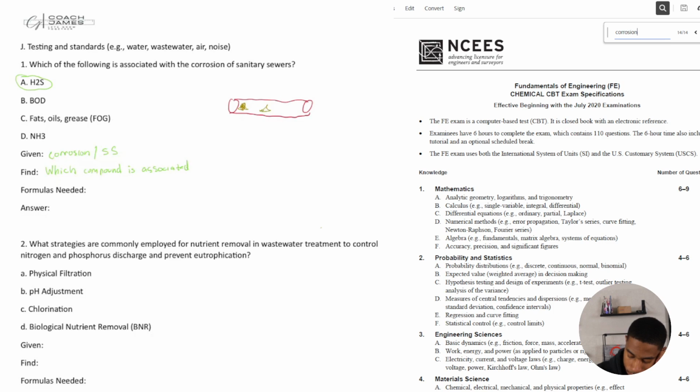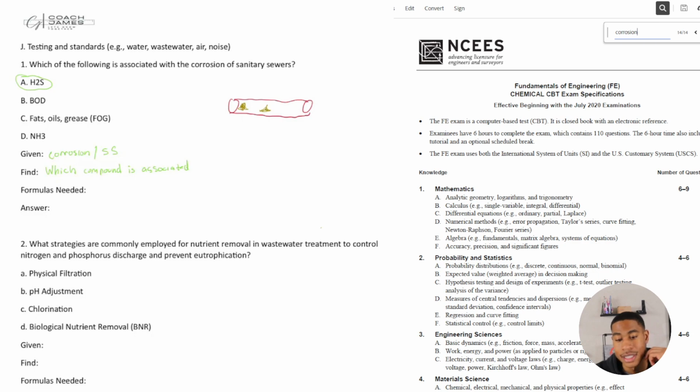I would call it something else, but I'm gonna keep it professional. And that's what's going through your sanitary sewer. And so H2S is a gas that is pretty much produced by the decomposition of organic matter that is in sewage and wastewater.